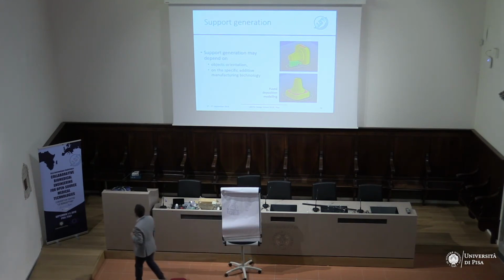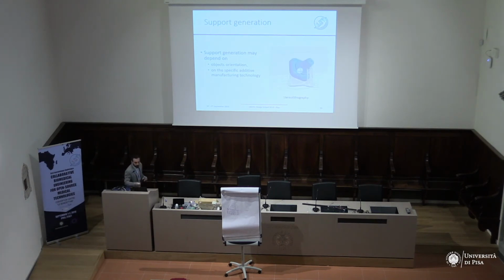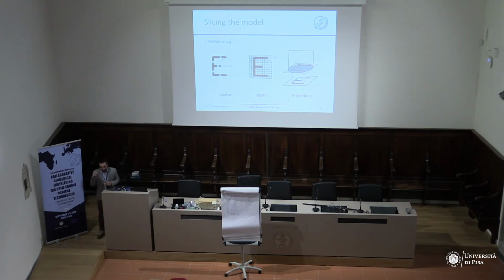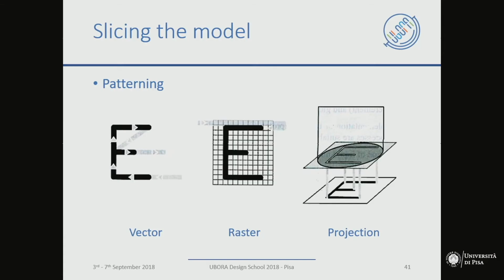Support material can also depend on technology. And after you decide how to place the object in the printer, then you can decide the pattern according to the technology that you have. You can have projection, one layer at a time, completely. It can be done just with the light.